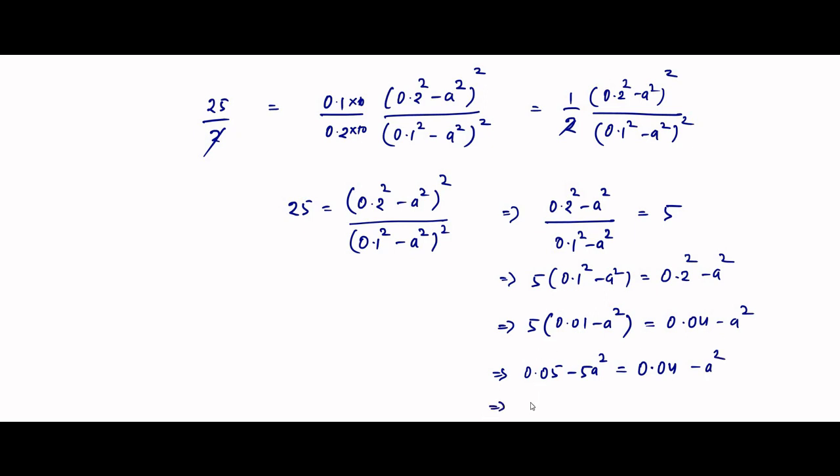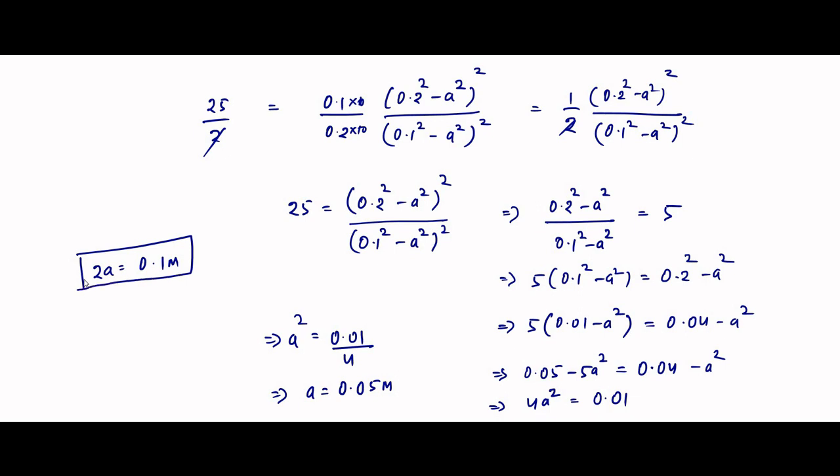That implies 4a square is equal to 0.05 minus 0.04, which is equal to 0.01. That implies a square is equal to 0.01 by 4. That implies a is equal to 0.05 meters. That implies dipole length 2a is equal to 0.1 meter. This is the dipole length.